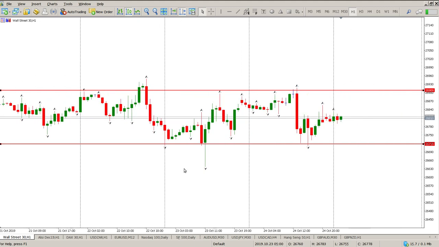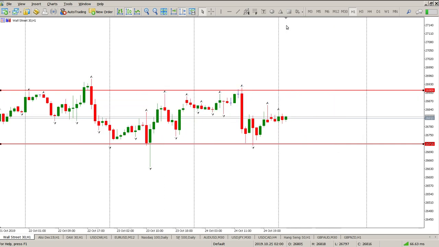Okay, so the fact that we are hovering right in the middle of this range also gives you the impression that you have a 50-50 chance of going either way. Okay, now if you just look at your breakout retest, there's a breakout retest there. We've tried 1, 2, 3, 4, 5, 6, and we're trying again. So we're trying 7 times to break back through this.